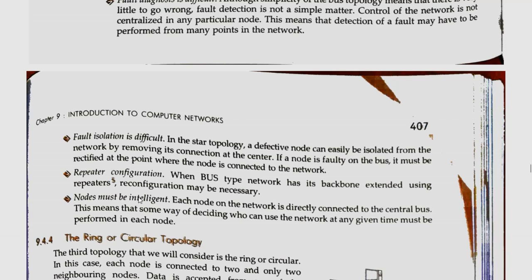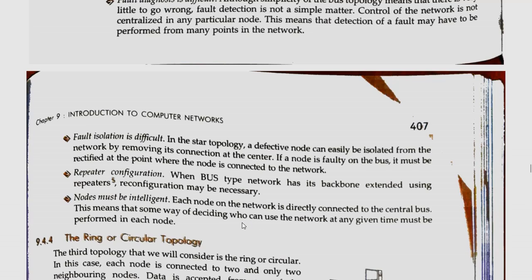Nodes must be intelligent. Each node on the network is directly connected to the central bus. This means that some way of deciding who can use the network at any given time must be performed in each node. Obviously, the whole data is being transmitted over a single coaxial cable, so the nodes must be intelligent. They should have a particular organization in working, because they have to understand which node is going to use the network at which time.